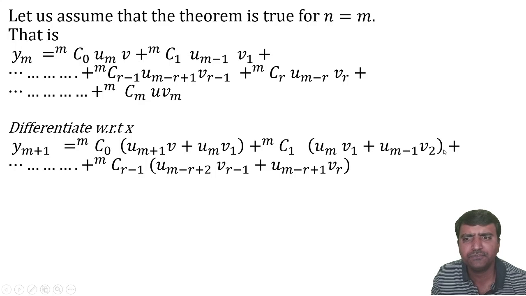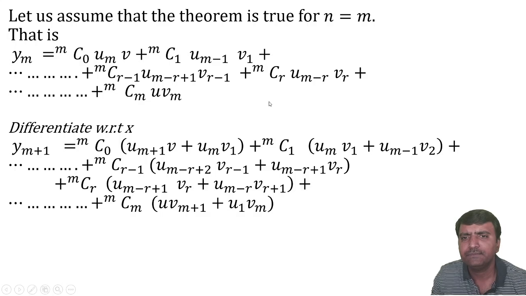Differentiation of v1 is v2, plus that series continues and so on. mC(r-1) into differentiation of u_(m-r+1) is u_(m-r+2) v_(r-1) as it is, plus u_(m-r+1) into differentiation of v_(r-1) is v_r.